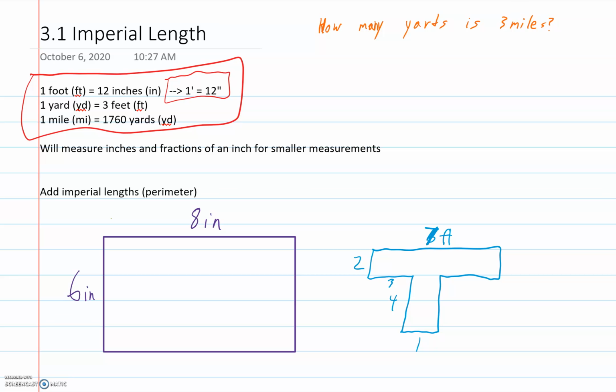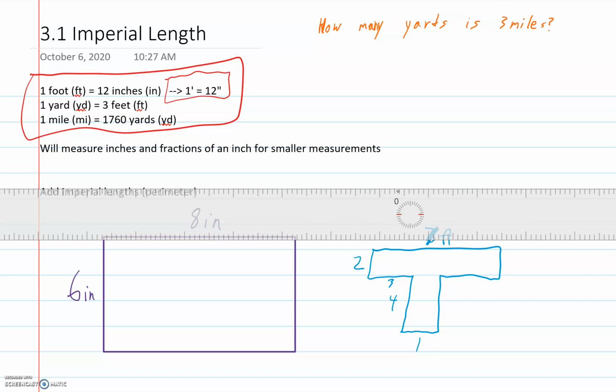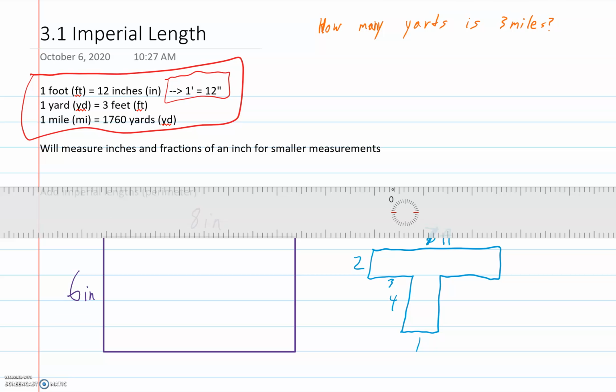Okay, so that's good to know, but it's also interesting to note how it actually looks on a ruler. When we're talking about inches, we can talk about fractions of an inch. So I'm just going to mark off each of these as an inch. 1, 2, 3, 4 inches. Okay, so what if we had 4.5 inches? Well, you'd be right in the half.